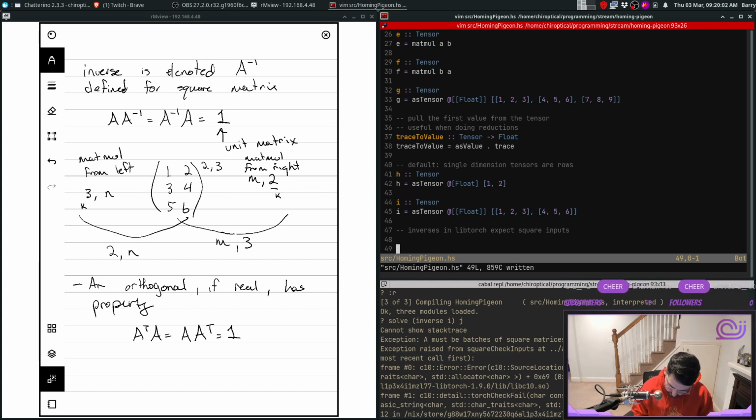And A^T = A^-1, right? Its transpose is its inverse if it's orthogonal.